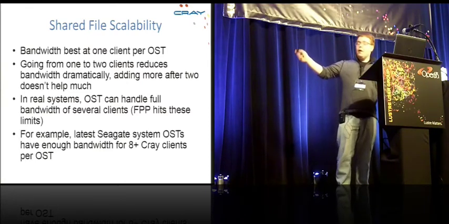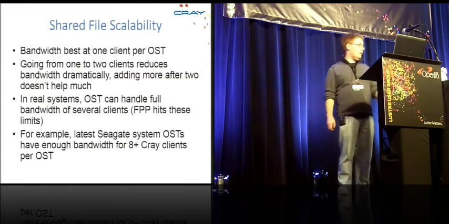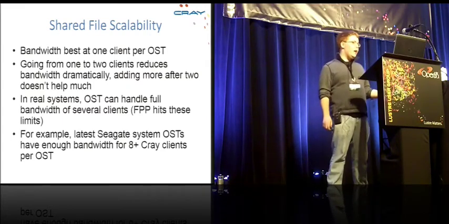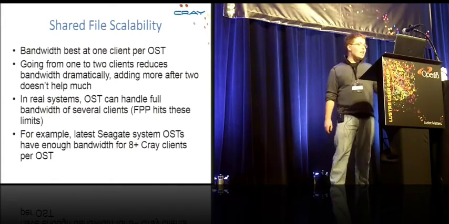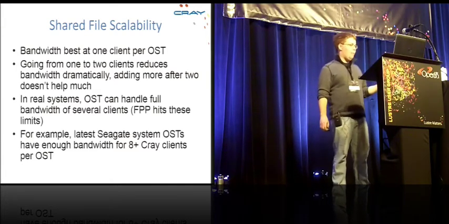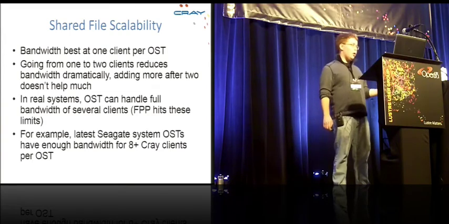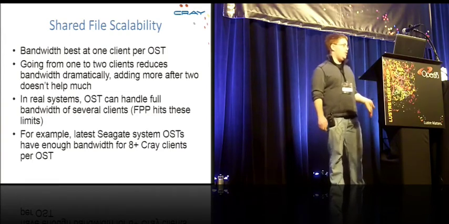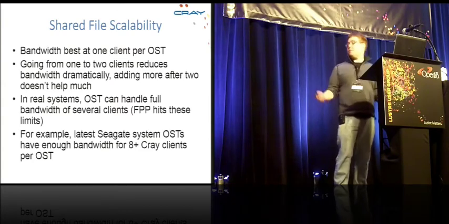As an example, the latest Seagate systems, the one that Cray calls the Synexion 2000, have enough bandwidth that if you're doing file per process, you can point 8 clients at them, and that's about when they top out. But if you're doing single shared file, you only get 1 client per OST, so you get 1/8 of the maximum bandwidth of the file system.